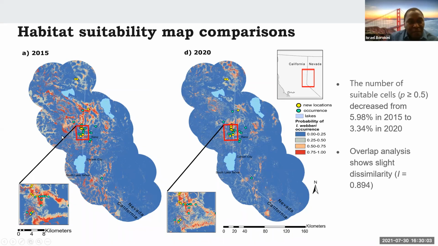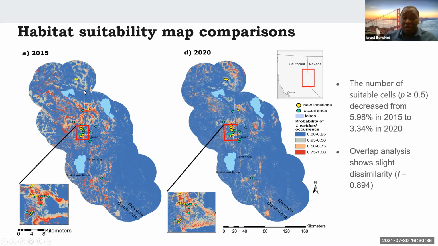So we can see that when we started, we only had these few points, but if you look at the top right corner of both maps, you will see two new locations there, which is why we estimated that there was a 65 kilometers expansion in the geographical distribution of this plant that is considered to be rare and range restricted.